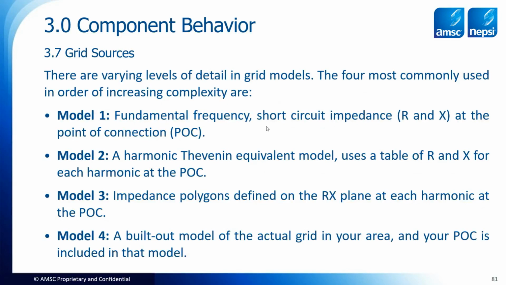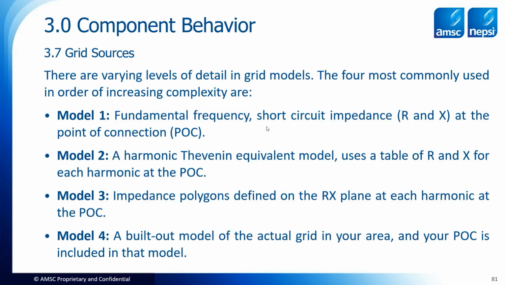Now, from the perspective that I have, having modeled systems for a while, I see 4 fundamental model types, okay? These are the most common that I think of in my mind. This is how I break them apart. Model 1 is a fundamental frequency short circuit impedance at the point of connection, the POC. And that's all. It's extremely simplistic. Model 2 is a harmonic Thevenin equivalent. It uses a table of R and X at each harmonic at the point of connection.